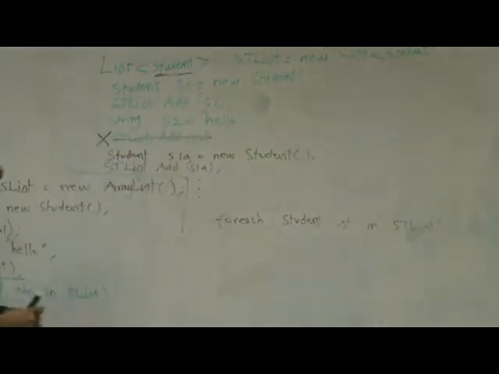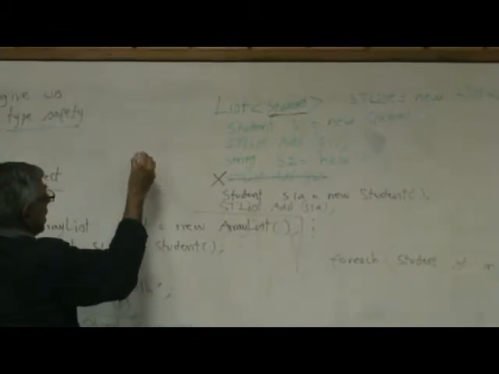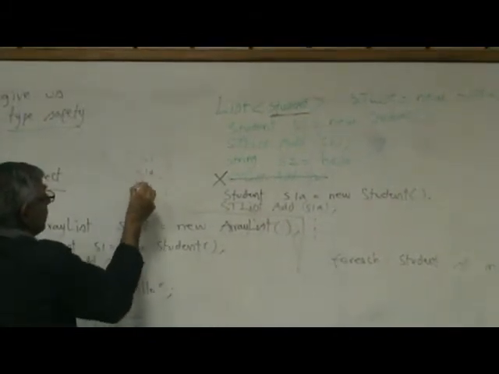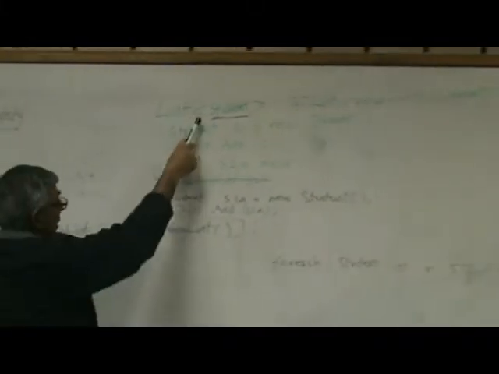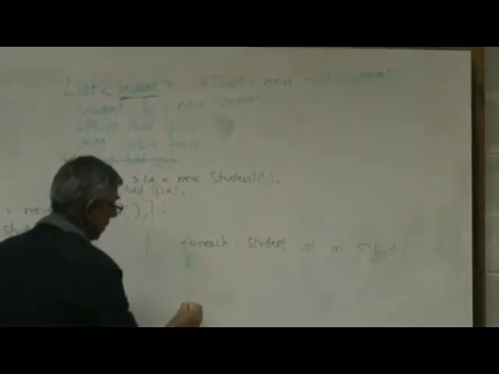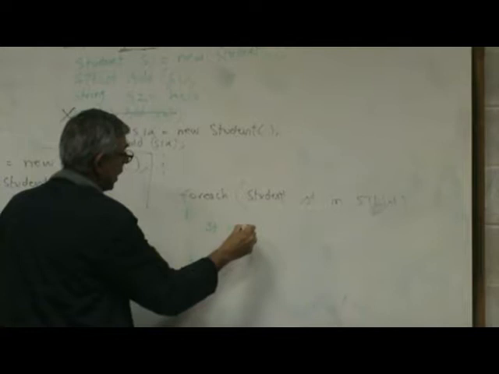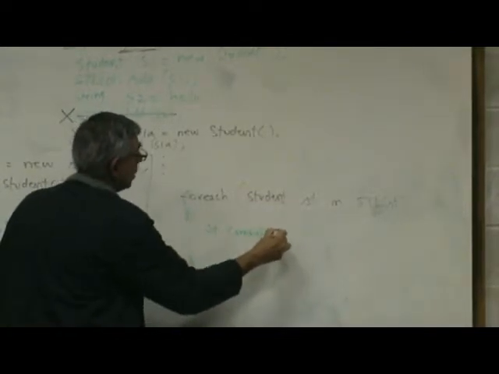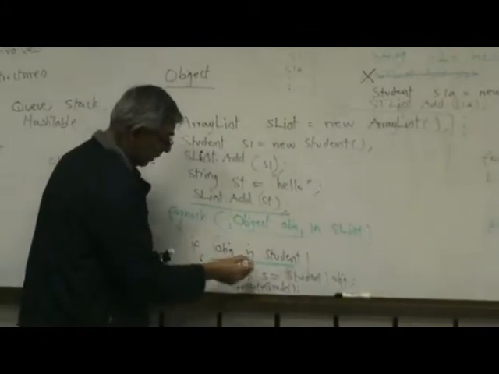Because if you take a look, now it is guaranteed that everything over here will be of type Student, because it's a generic list. So because it's guaranteed everything will be a student, can we just say st.ComputeGrade? Do we have to do the is or as operator like we were doing over here?